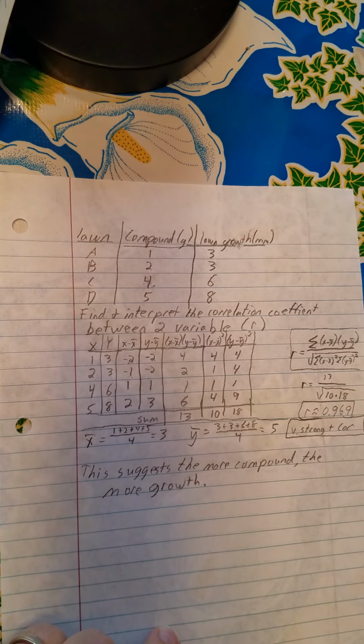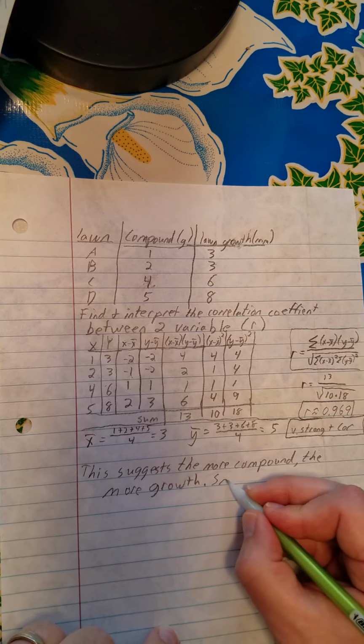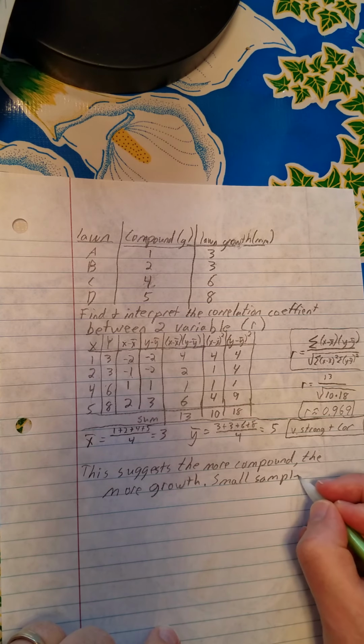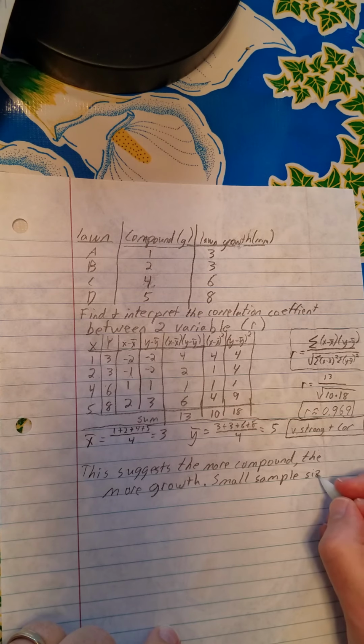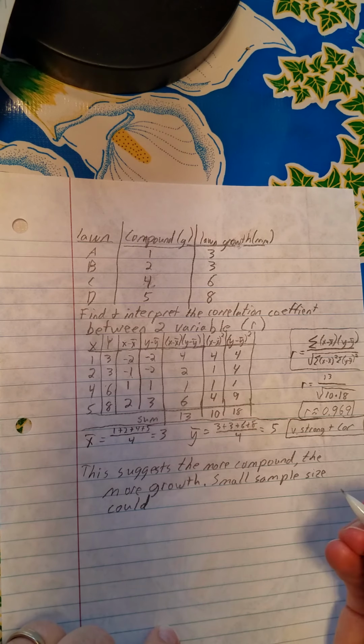There is an issue that we only have 4, so we have a small sample. The small sample size could be misleading though. That's why in our IAs we did 150 for a minimum.